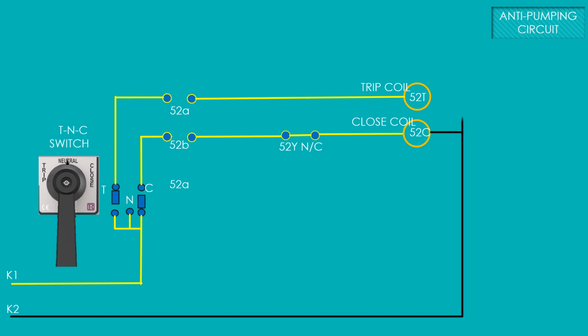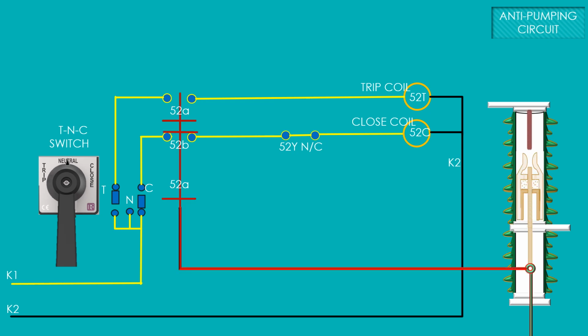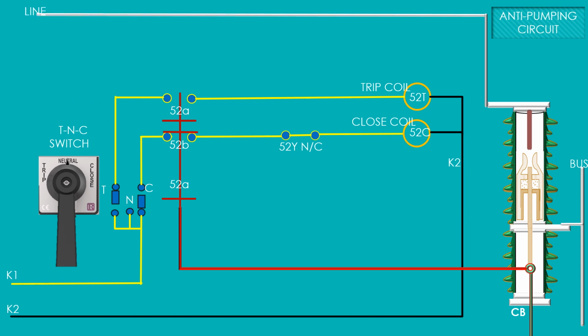Please look at the picture, where there is a circuit breaker, a bus bar, a CT, and a relay for protection of the line.